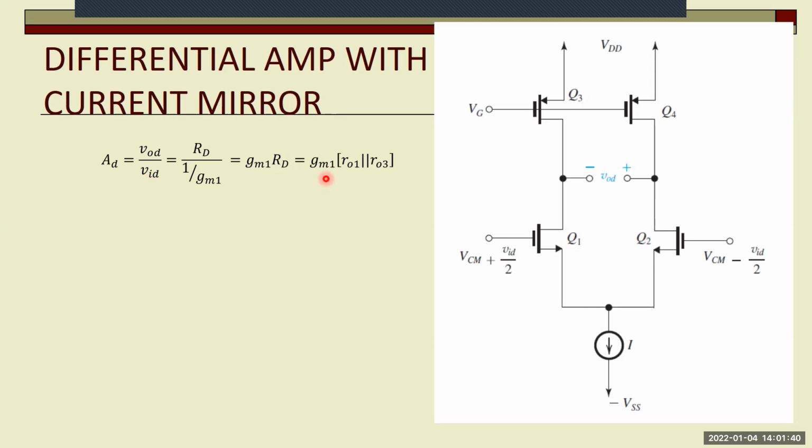But this is a PMOS, so if we cannot neglect the effects of the early voltage, it should have an output resistance, and that output resistance will be in parallel with the output resistance of this first MOS.